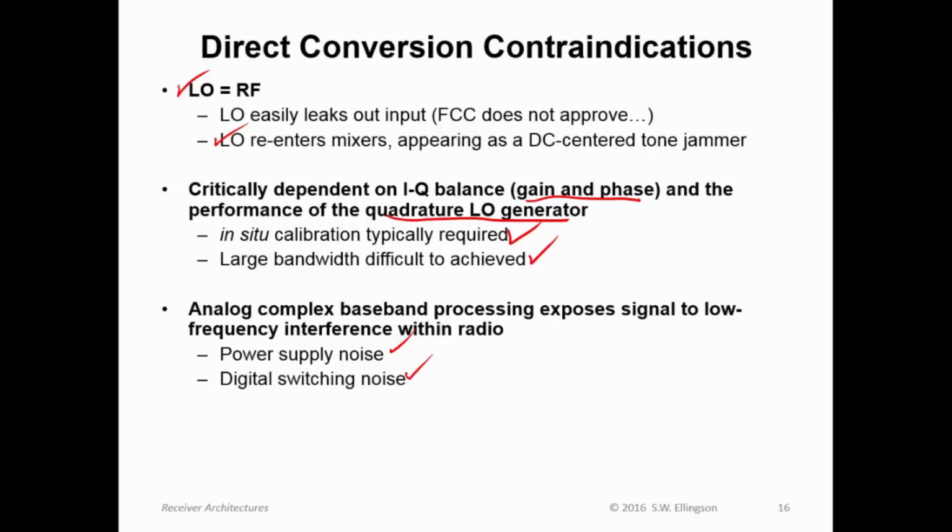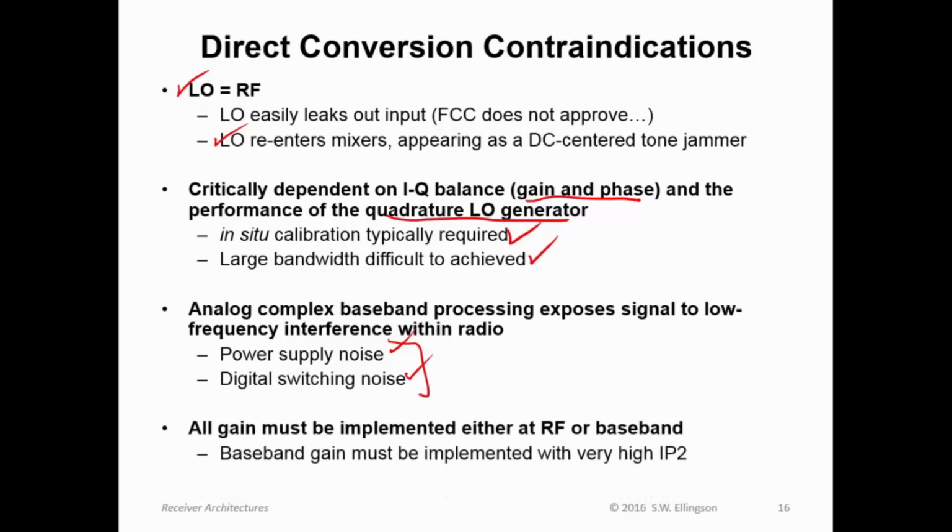And all these signals will then overlap into the IF, which is centered at 0 Hertz. This is not a problem with IF sampling architectures utilizing superheterodyne techniques. Finally, all gain must be implemented either at RF or at baseband. There is no possibility of distributing gain at other IFs, at least as I've shown it here.